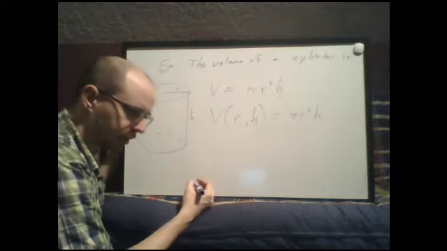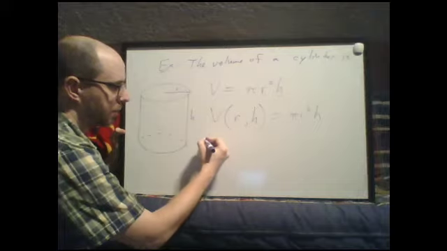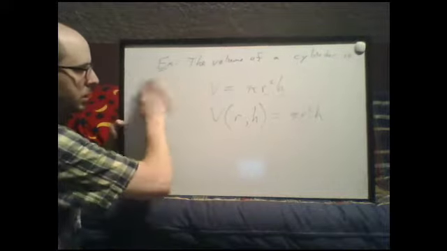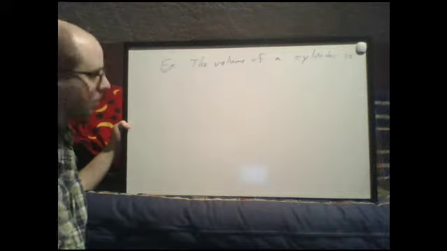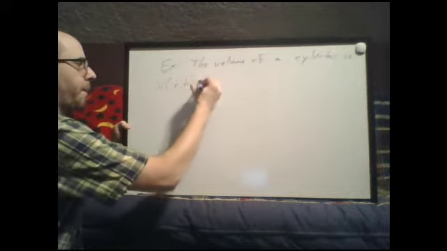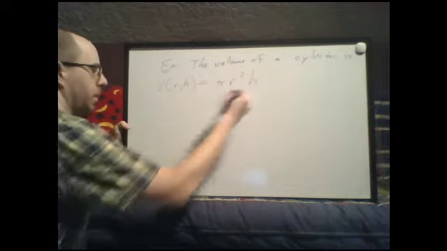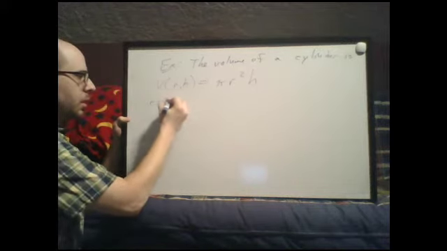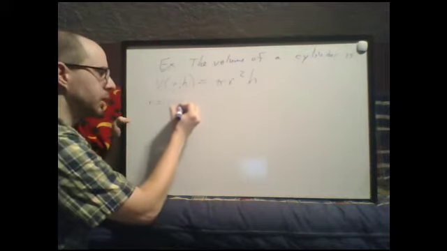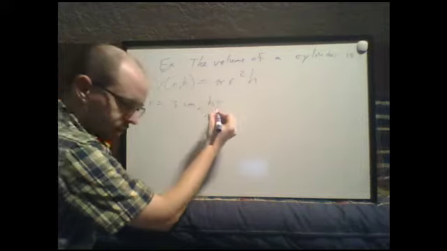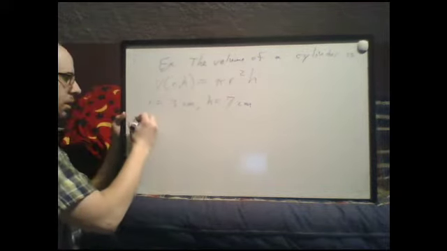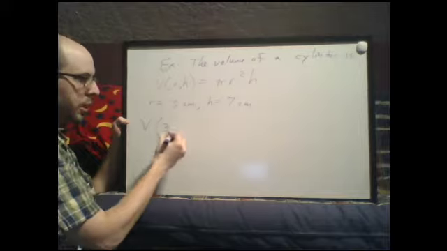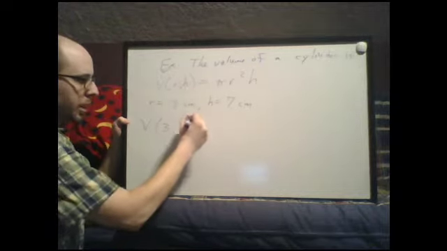So then, just to illustrate the usage of this, if we say r is equal to 3 centimeters and h is equal to 7 centimeters, then in function notation, r is the first independent variable in our parentheses, so we put a 3 there, and h is the second independent variable, so we put a 7 there.